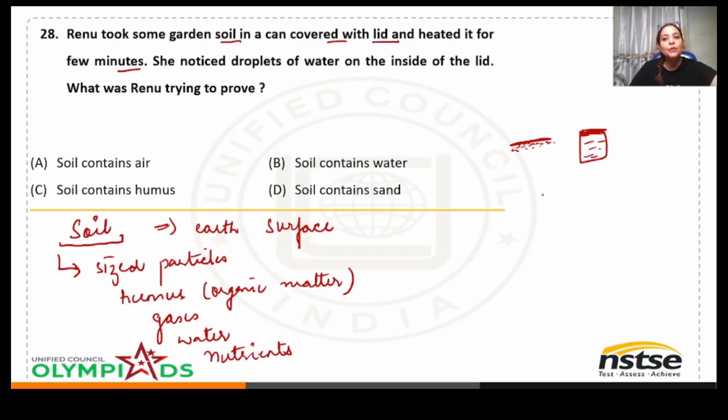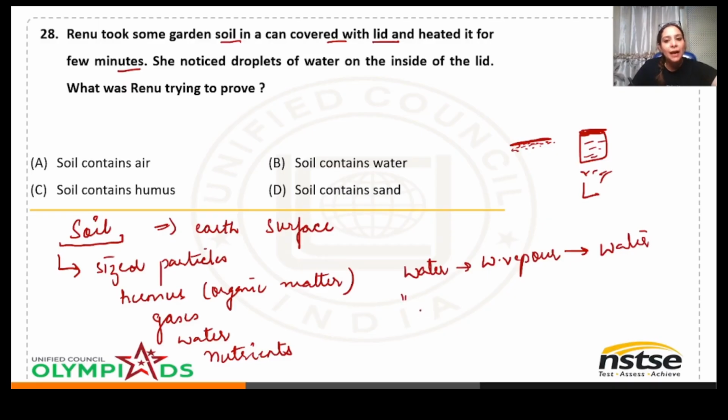But here, when she was heating the soil, she could find the lid covered with water. That means the soil has some stored, absorbed water in it. That is why when Renu heated it, the water of the soil converted to water vapor, and when these vapors rose, they struck the lid and again formed water.